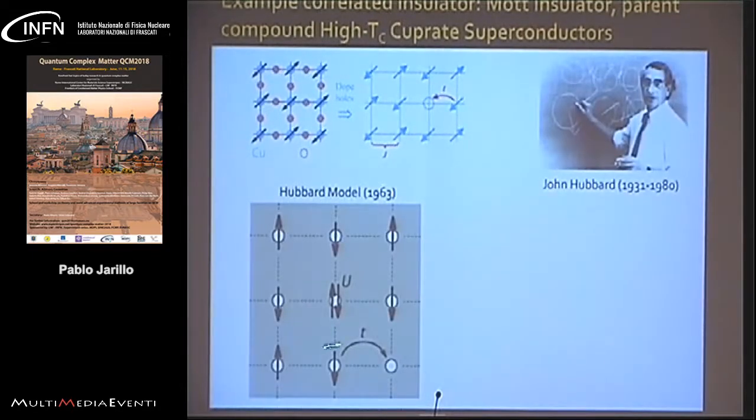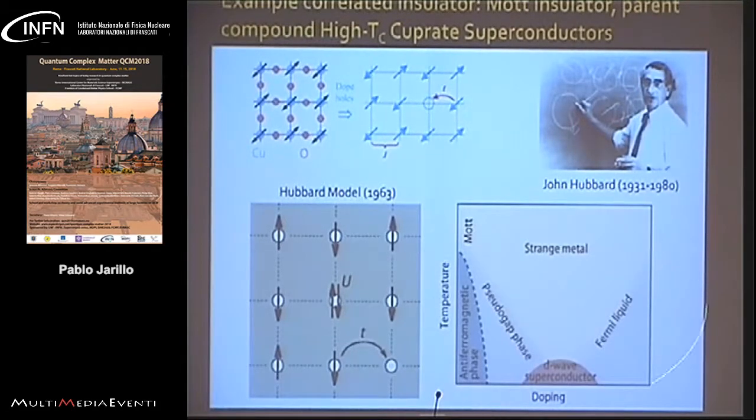Now your system has a competition between your electrons being allowed to hop on the empty sites, but paying a price to hop on doubly occupied sites. This is usually referred to as the Hubbard model, which is believed to represent the physics of the cuprate superconductor systems and lead to this phase diagram.